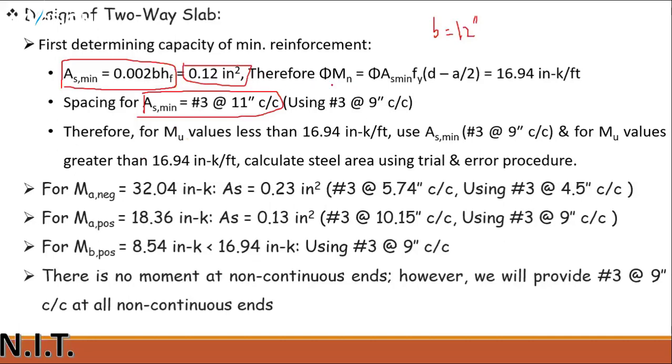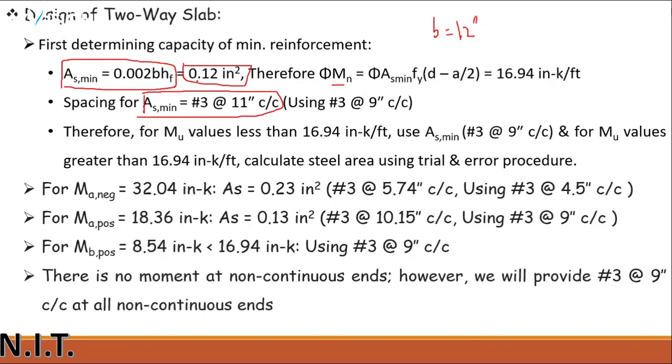If you want to calculate the moment from the area of steel, although there is actually no need, how can we calculate it? You can use this formula: phi Mn equals phi AS minimum Fy (d minus a by 2), where phi is the strength reduction factor for slab.